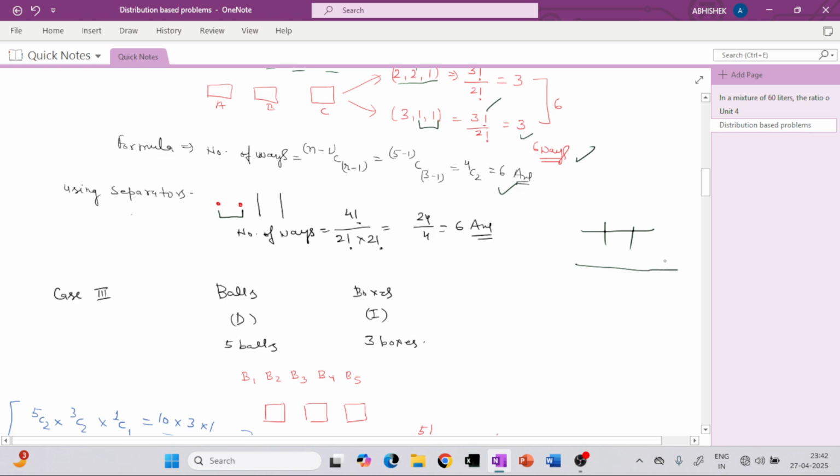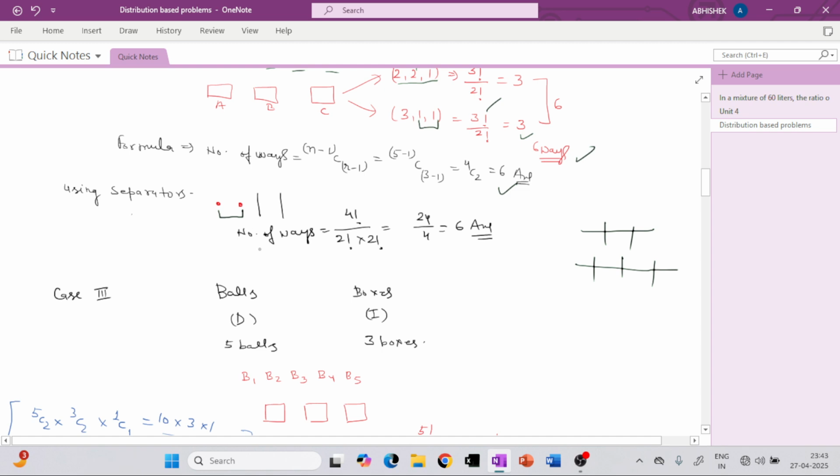If you want to divide it in 4 parts, 3 cuts are required. Similarly, these two balls are here and we have to divide them in 3 parts. So when we want to divide anything in 3 parts, 2 cuts or 2 separators are required. So there are 2 similar balls and 2 similar separators, means cuts will look the same.